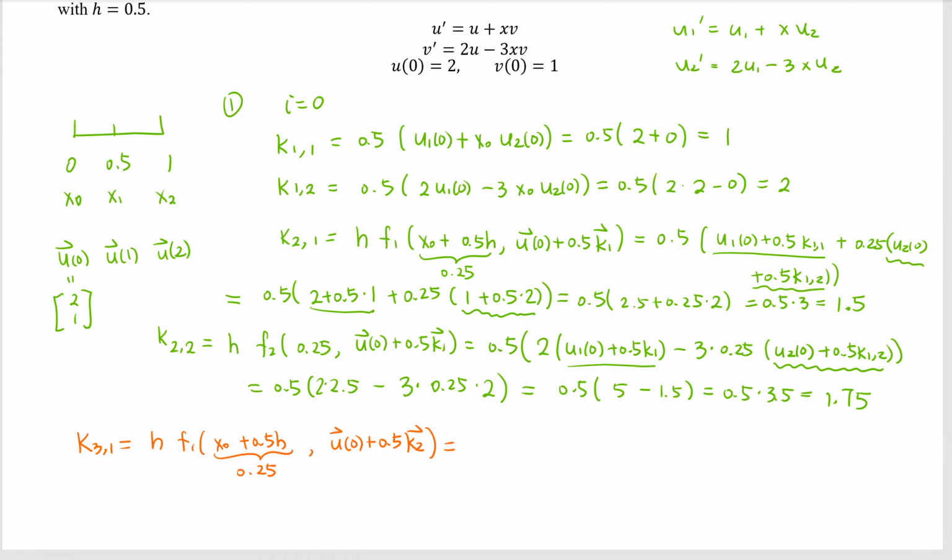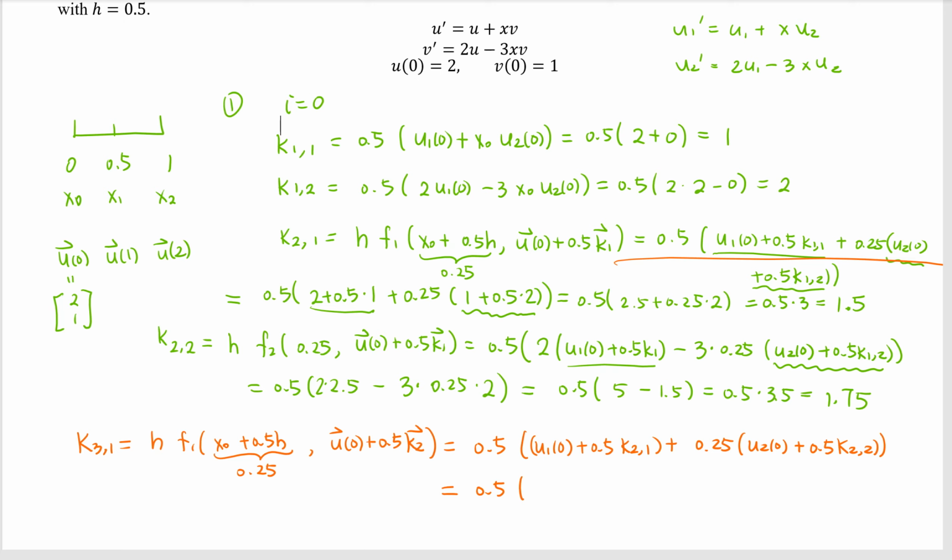Okay, everybody? So similar to what we had before, like here, similar to this guy, but we have u1 of 0 plus 0.5. Instead of k11, we have k21. Okay, and then we have the 0.25, u2 0 plus 0.5. Instead of k12, we have k22. Okay, let's figure out what these numbers are.